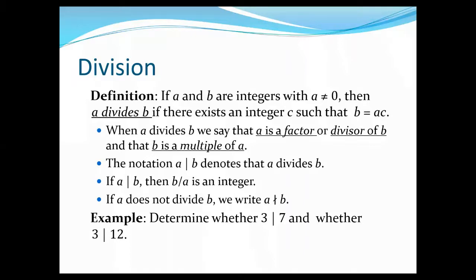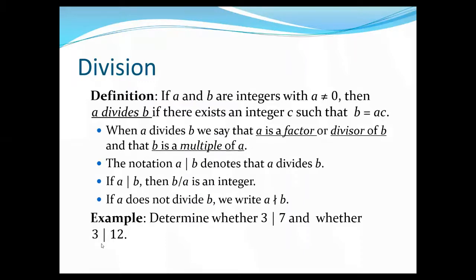Let's determine whether 3 divides 7 and whether 3 divides 12. Let's start with 3 divides 7. What is the result? 7 divided by 3, the quotient, is not an integer. Therefore, 3 does not divide 7, since the result is not an integer.